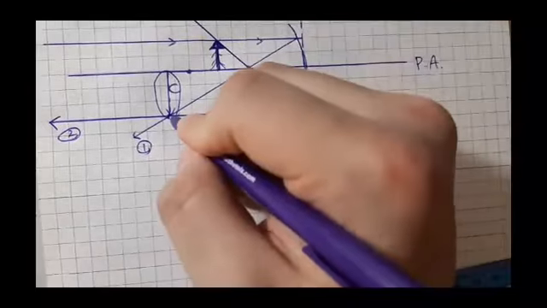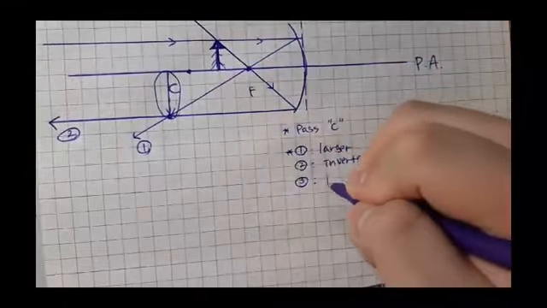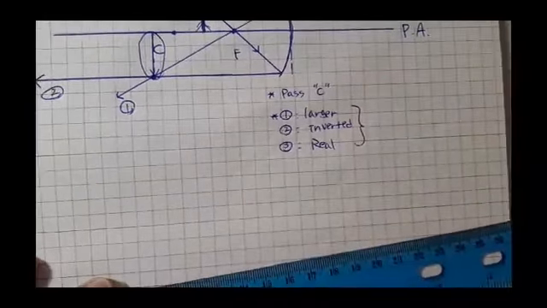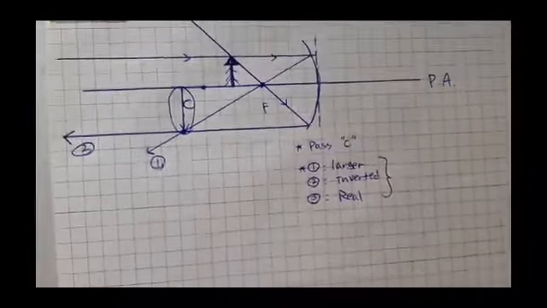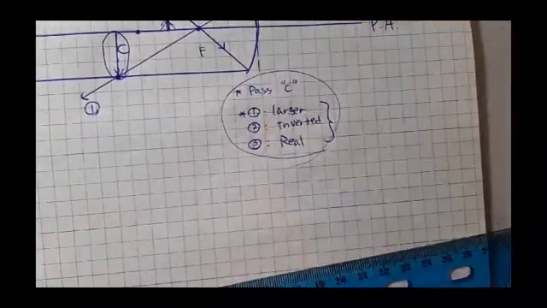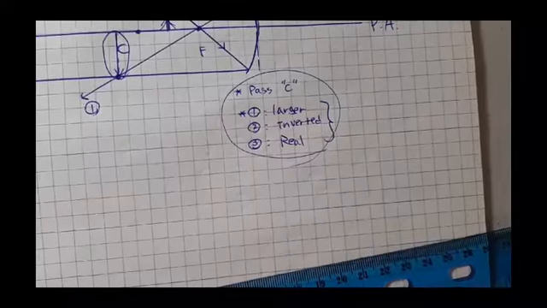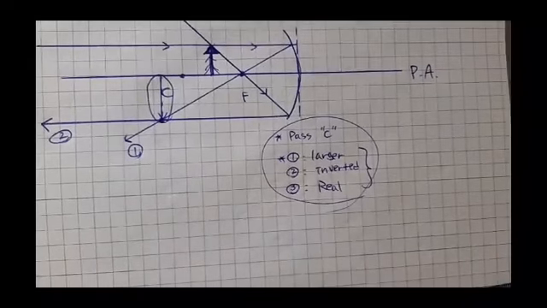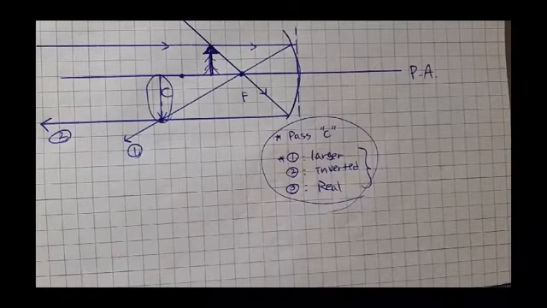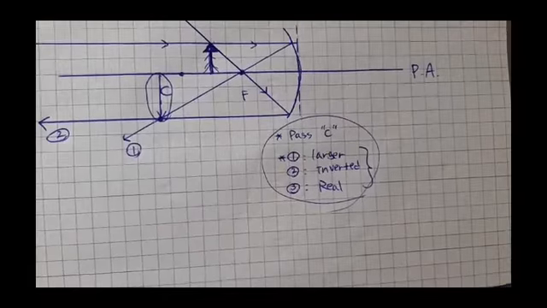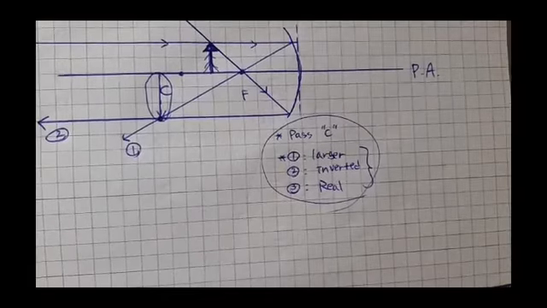Right now I see that it's a solid line that is intersecting, so it is a real image. So these are my conclusions. The reason we're doing ray diagrams is so that we can identify these properties. So my reflected image is located past C, and it is a larger image, inverted image, and real image. That's what I want to point out.